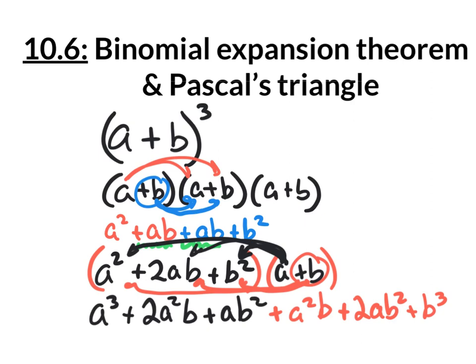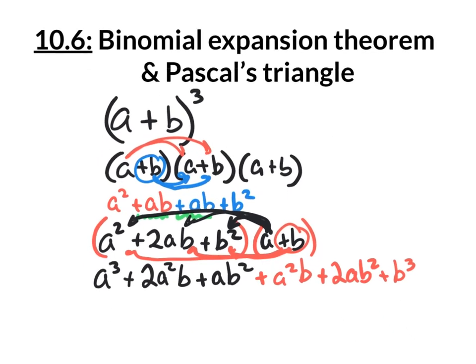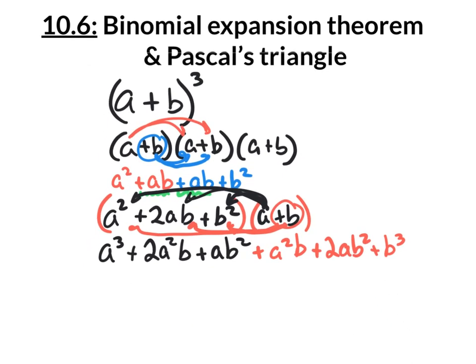We have a 2ab squared, but we don't have any other ab. Oh, we do have an ab squared, right here. So let's take this 2ab squared and combine it with this ab squared. This positive ab squared with that positive 2ab squared will give us 3 of those ab squared.